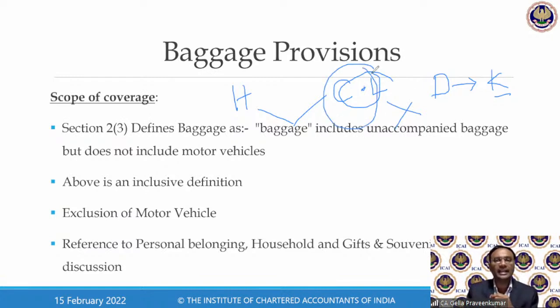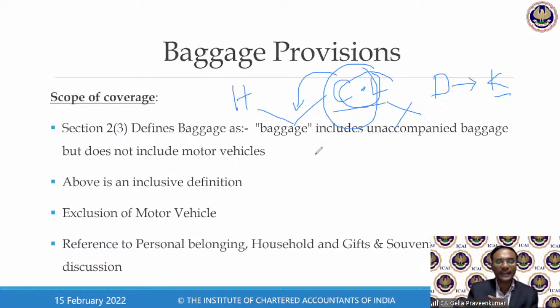Whenever your luggage is missing, the airport and the concerned service provider ensure that by the next flight it reaches Kerala, and when you give your address, they ensure that your luggage safely reaches your hotel or your residence. So this happens to your cabin luggage. Now, this is also called your baggage.